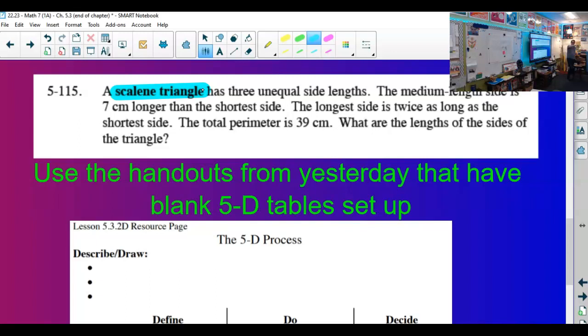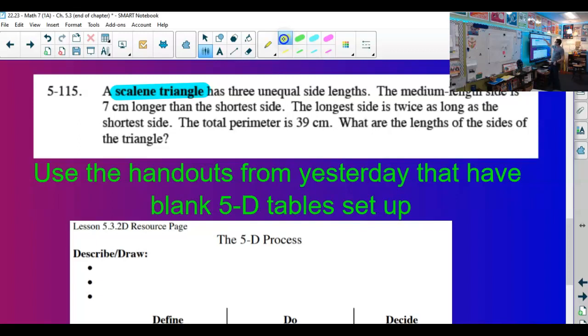Donovan, do you want to confirm or disagree? It means a triangle that has no equal sides. Yeah, guys. If you ever wonder on certain vocab things, you can always come over here to the different shapes posters. Scalene means 3 different side lengths.